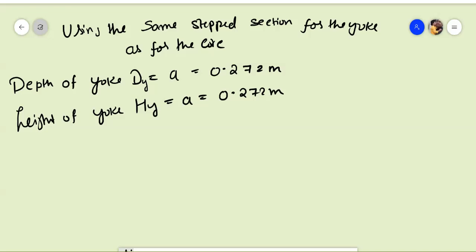Then we need to find the overall height of frame and overall length of frame.